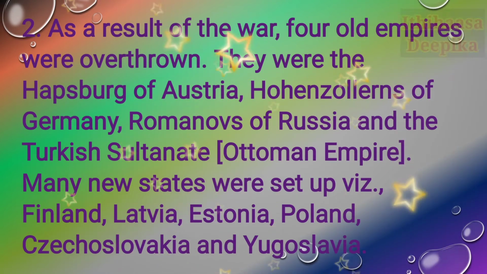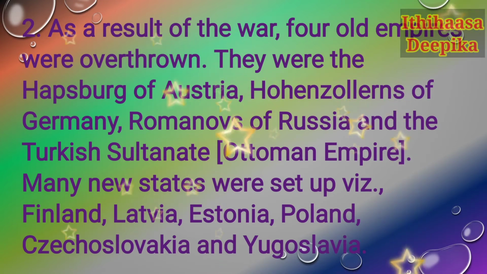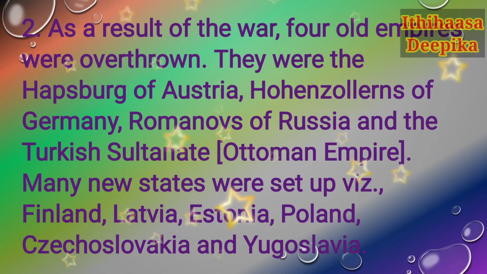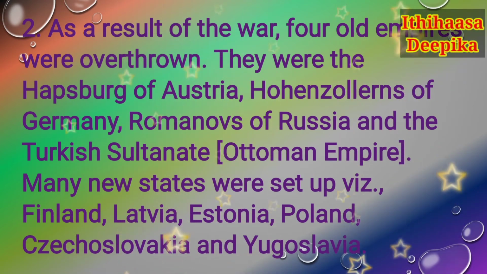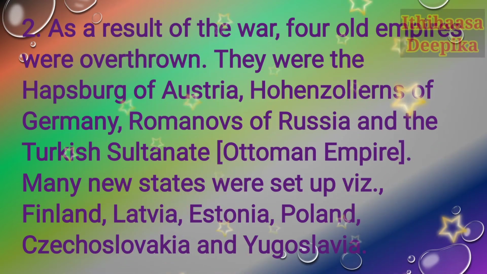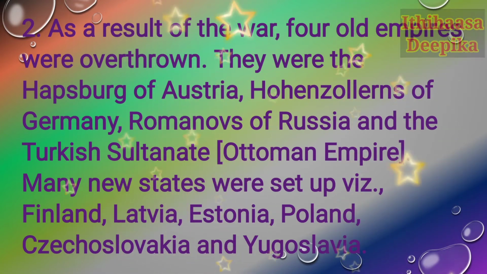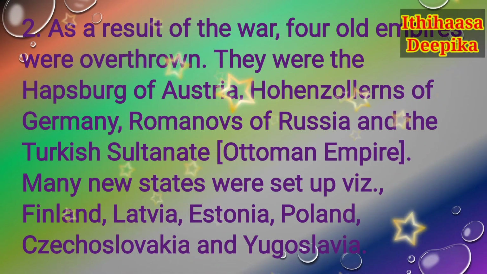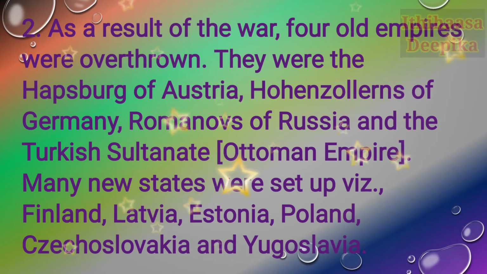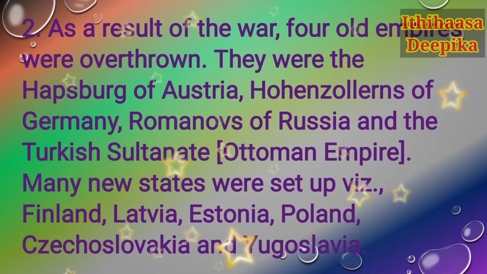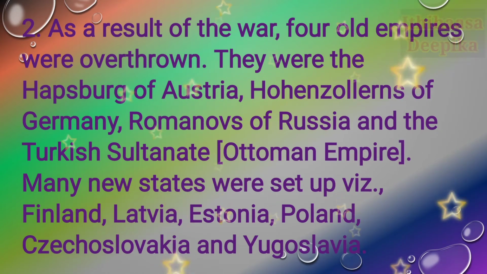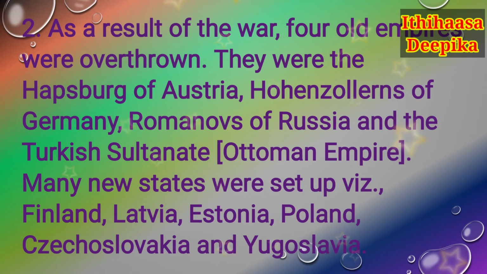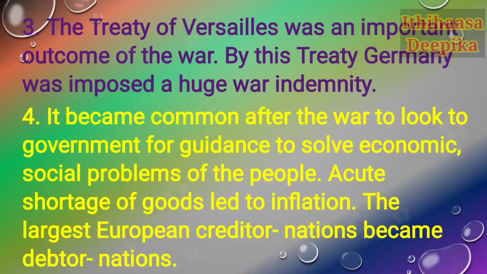They were the Habsburg of Austria, the Austrian Empire, then Hohenzollern of Germany, the German Empire, the Romanovs, the ruling dynasty of Russia, and the Ottoman Turks of Turkey or the Turkish Sultanate. Many new states were set up, namely Finland, Latvia, Estonia, Poland, Czechoslovakia, etc.